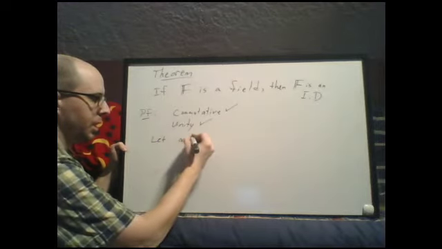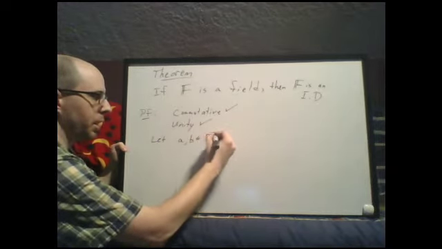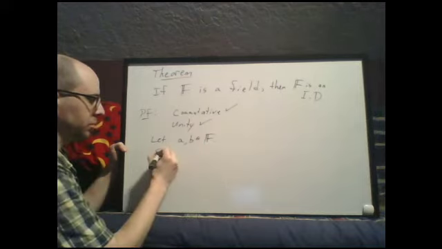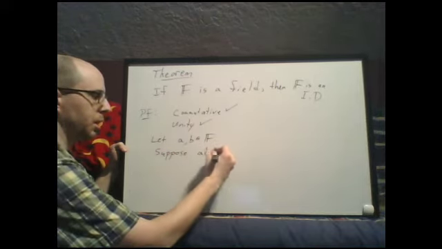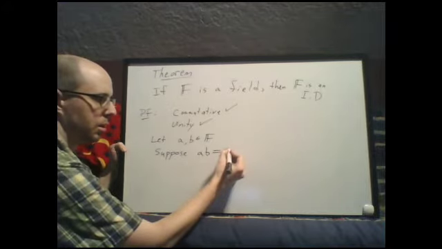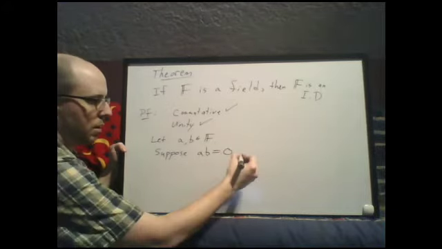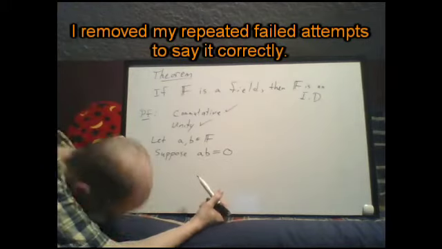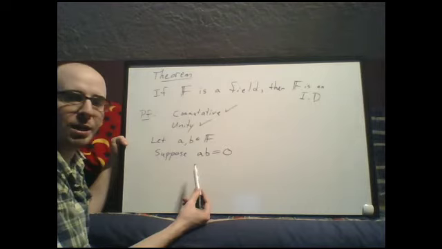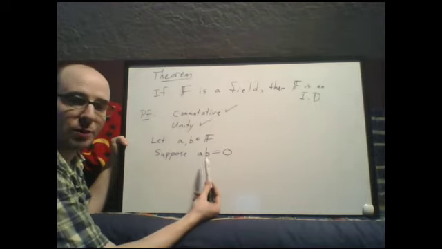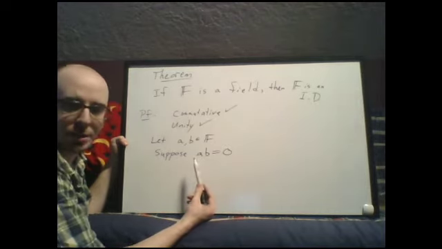So let A and B be elements of F. I want to suppose AB equals 0. We assume the product of the two elements is 0. We need to prove that that implies one of the two elements is already 0.